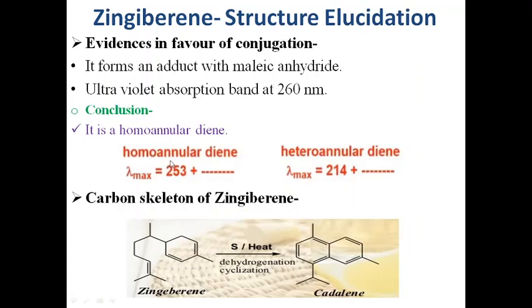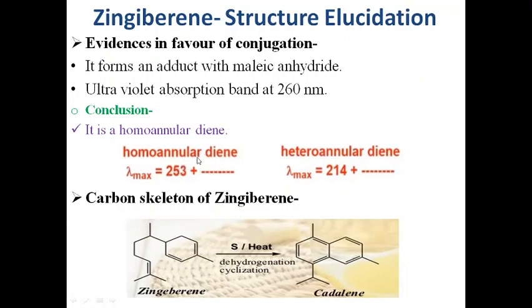On the basis of this, the Woodward-Fieser rules can be applied for the calculation of lambda max, and we can see that for the homoannular diene, the parent value is 253. Plus indicates the increments to be added for ring residues, substituents or exocyclic double bonds present.